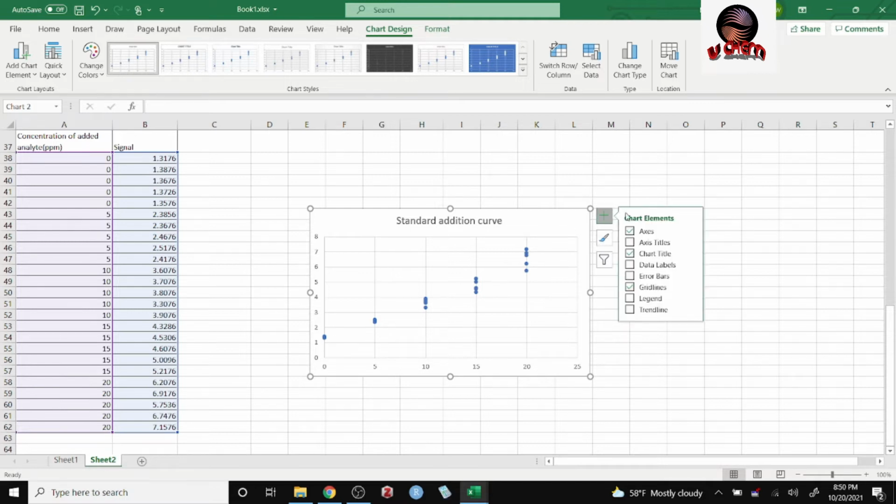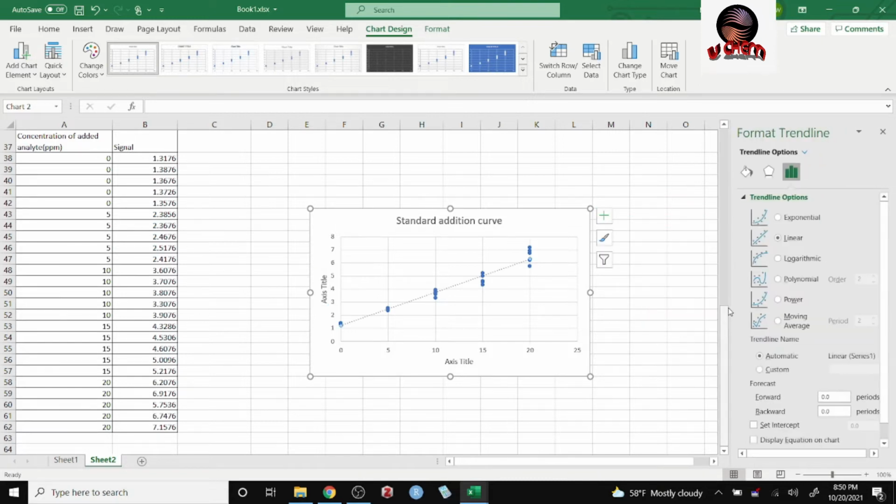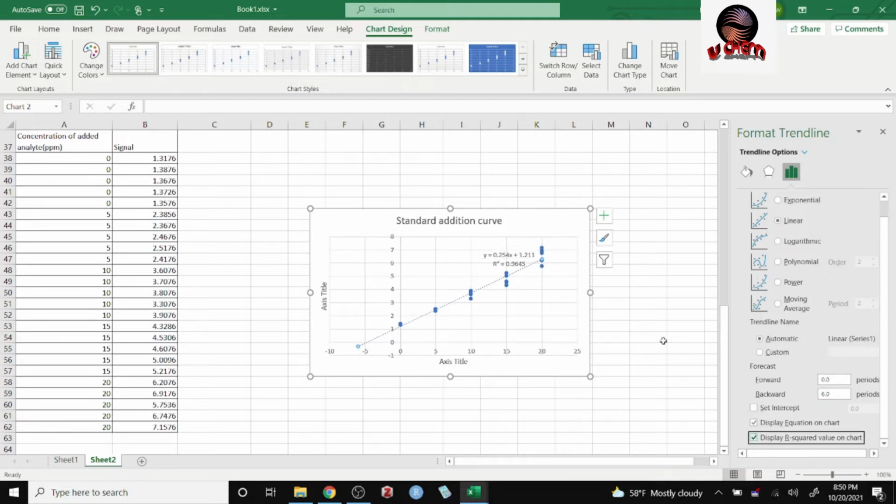Then from there I can get axis titles, legend, trend line. Yeah, trend line of course. So I'm going to More Options, and yeah, linear. Backward I'm going to keep, let's say, 6.0, and I'm going to display my equation and R value.